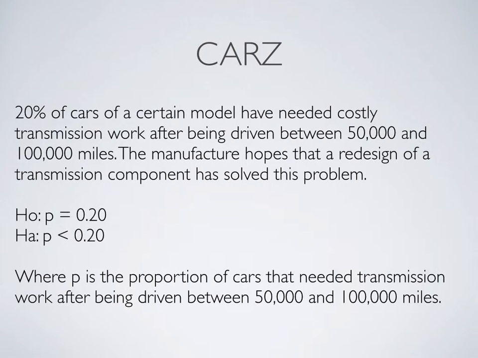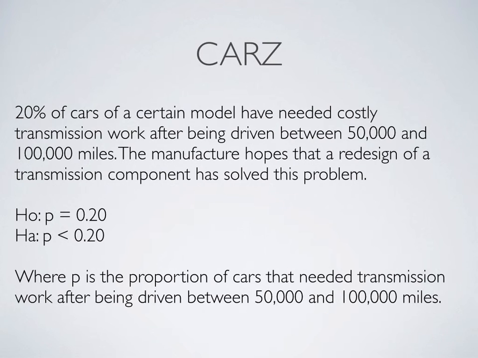And 20% of cars of a certain model have needed costly transmission work after being driven between 50,000 and 100,000 miles. The manufacturer hopes that a redesign of a transmission component has solved this problem. So our H0 is p equal to 0.2, from the 20% of cars.